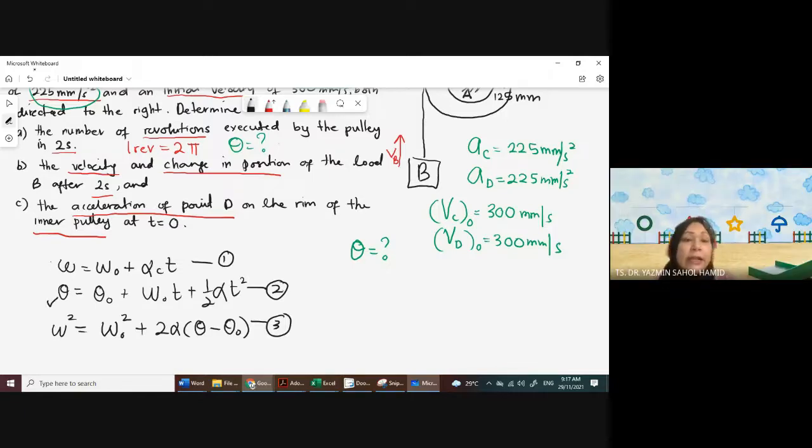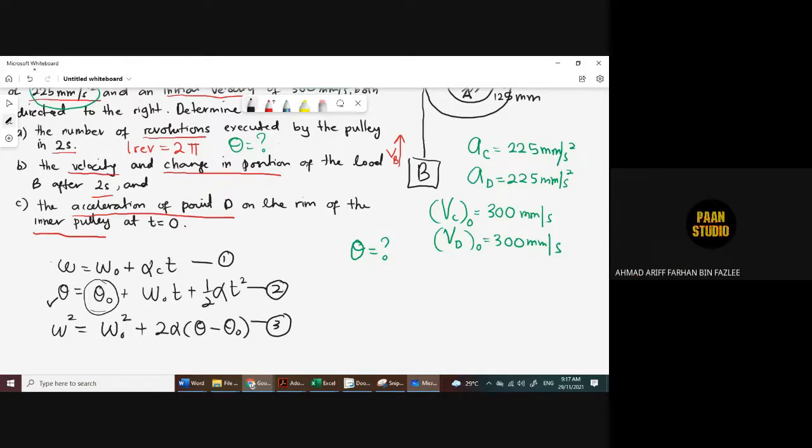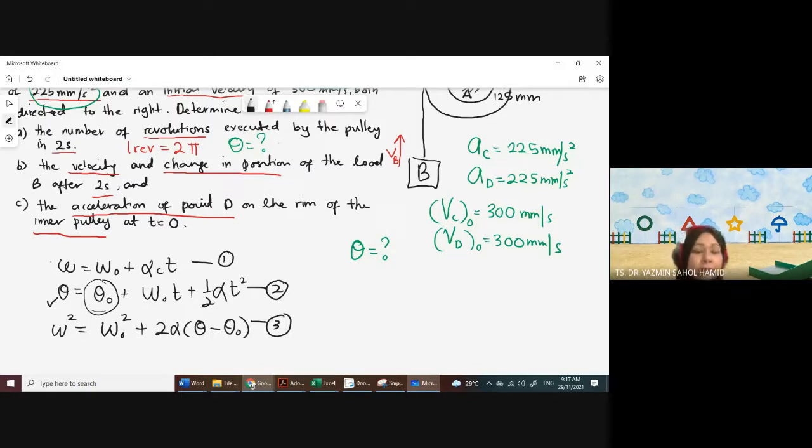Theta naught kita ada tak? Theta naught ni initial. Cuba baca soalan.